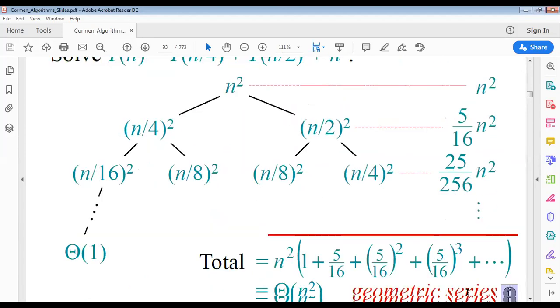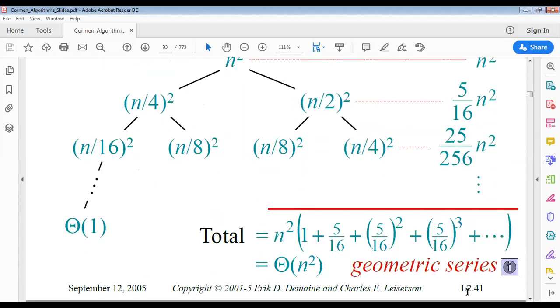And if we sum each level, like in the previous example, the sum was equal, so we got the result. But in this problem, we will get a geometric series like n square times 1 plus 5 over 16, then 5 over 16 square plus 5 over 16 cube, and this process will continue.